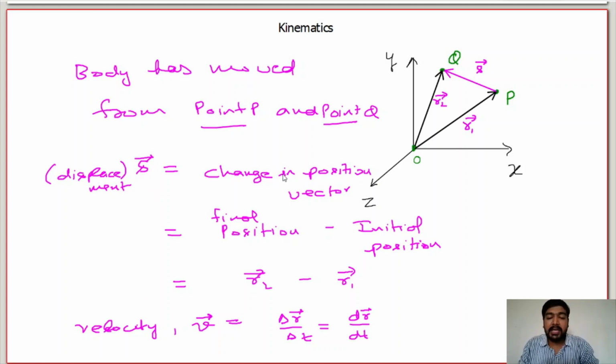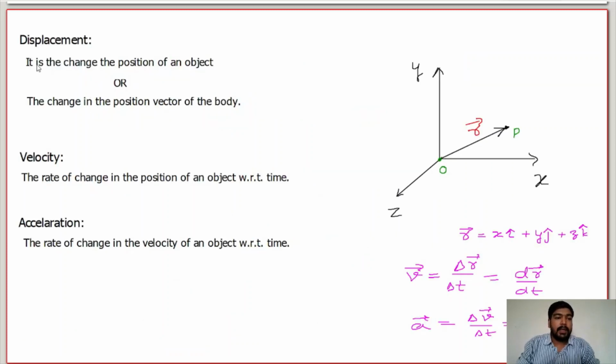So far we have seen the displacement. Displacement is the change in position or change in position vector. And velocity is the rate of change in position of a body with respect to time. Let's move to some definitions. Displacement is a change in position of an object or change in position vector of the body.